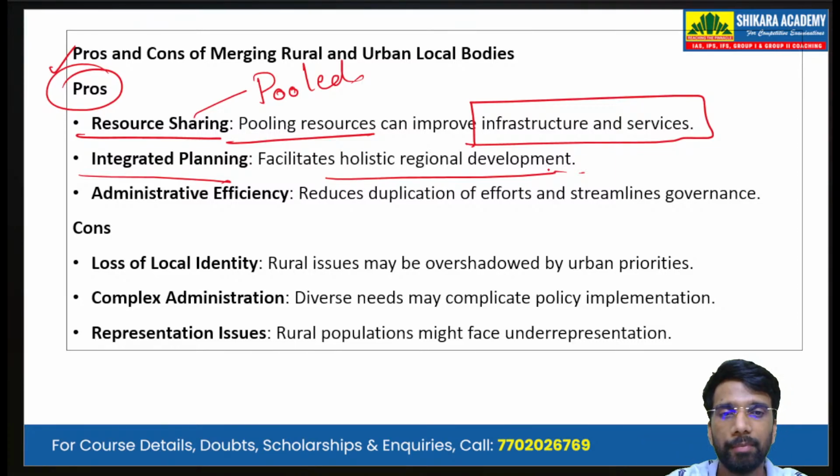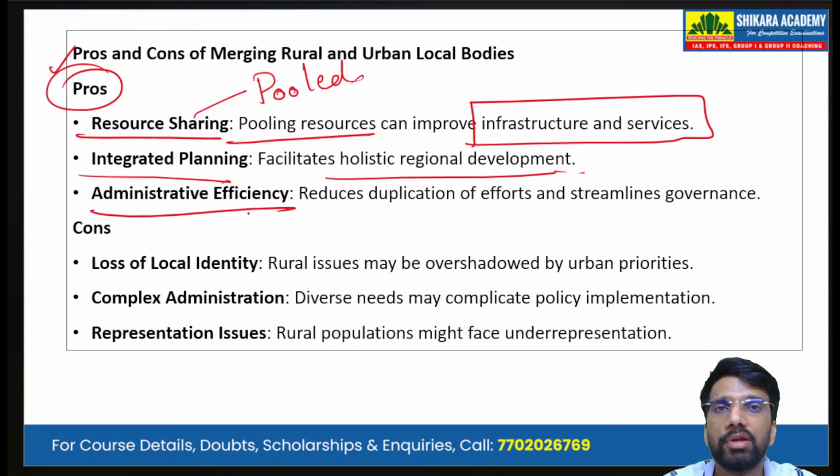Now, if there is integrated planning, a region can have urban areas, and a region can also have rural areas. So both areas are present in a region. If we have to make an integrated plan for the entire region, then merging the rural local bodies and urban local bodies will enhance the integrated planning, the holistic development of the entire region.